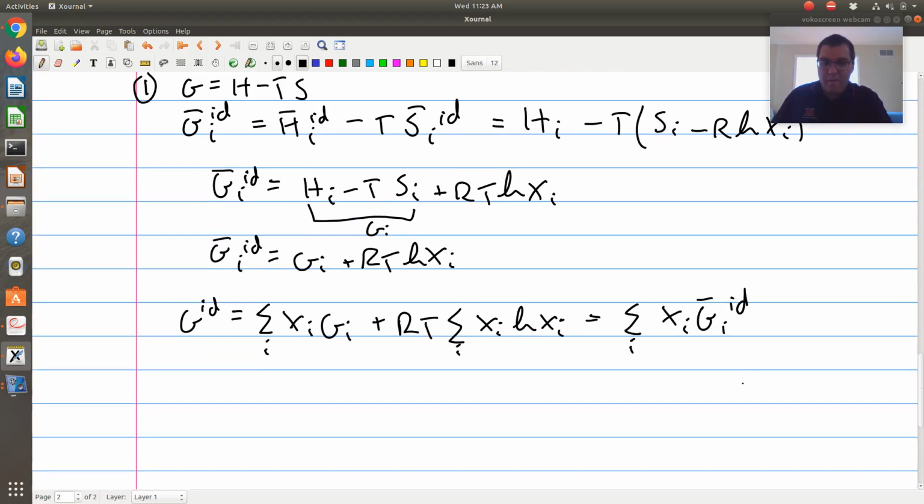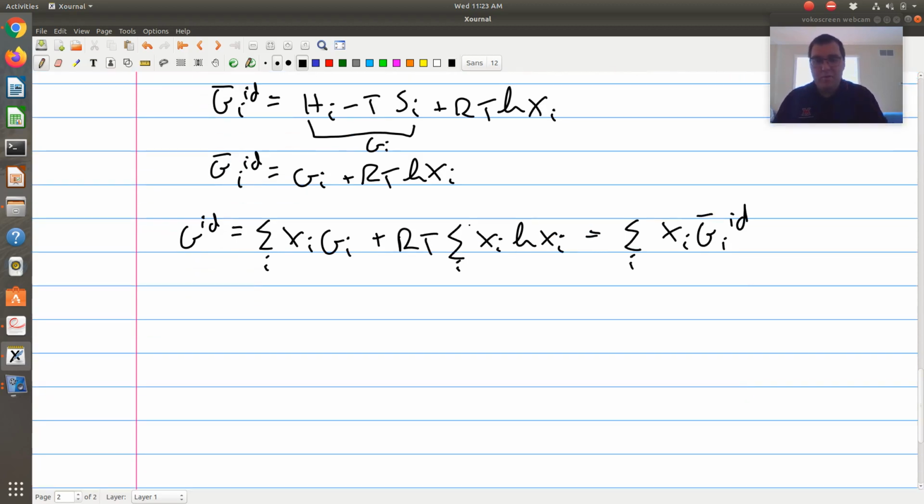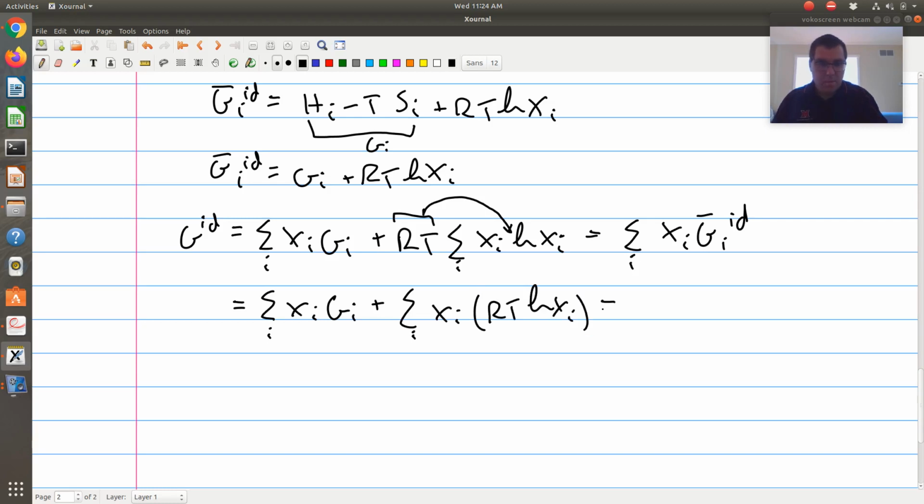Playing with this, R and T are constant, so I'm going to bring them into the sum. This is the sum over i of xi Gi plus the sum over i of xi times RT log xi, equal to the sum over i of xi G bar i ideal.